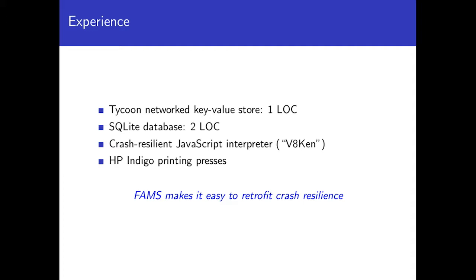Both of these have crash-resilient transactional modes of operation, but each also has a non-crash-resilient mode of operation that's intended to be faster. And it so happens that the non-crash-resilient modes of operation of Tycoon and of SQLite lay out all their data structures in memory-mapped files. So in some sense, they're written in what I previously called the persistent memory style of programming, right? But they use conventional mmap and msync, so they're not crash-resilient.